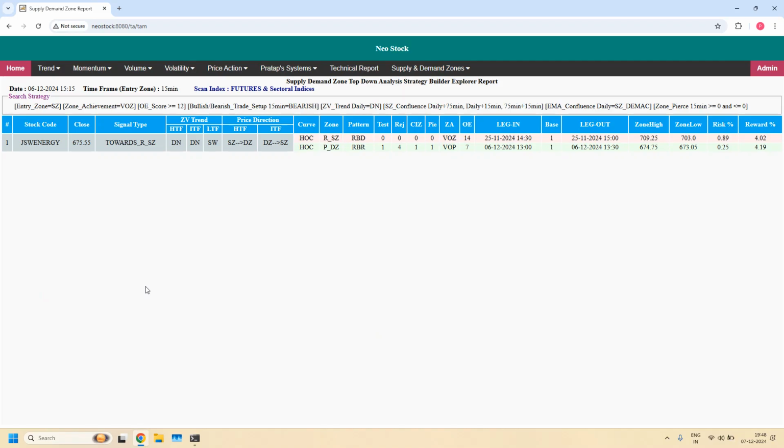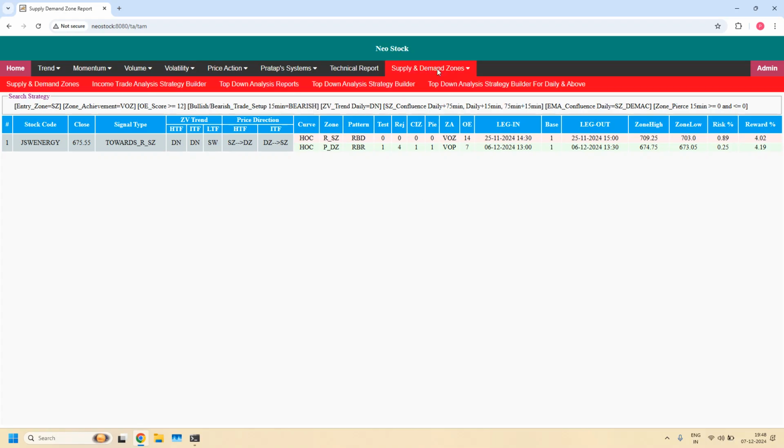So this supply zone is even more high probability trade setup supported stock, and also it is a high liquidity zone, 15 minutes high liquidity zone, because it is a 15 minutes supply zone. So this is about the bearish trade setup for daily income trade, LTF, ITF, HTF zone confluence with the EMA confluence.